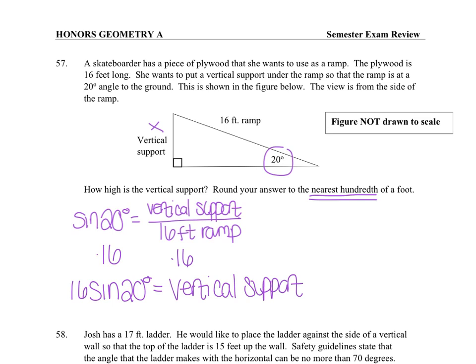And then I'm going to use my calculator, and I'm going to make sure that it's in degree mode, not radians. Otherwise, this completely changes your answer. But I'm going to type in 16 times sine of 20, and that's going to give me approximately 5.47 feet. Round correctly because you're rounding to the nearest hundredth.